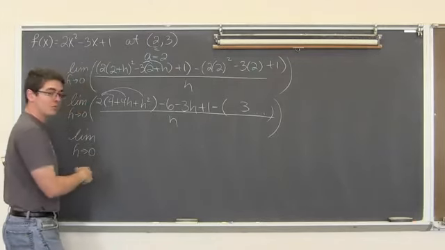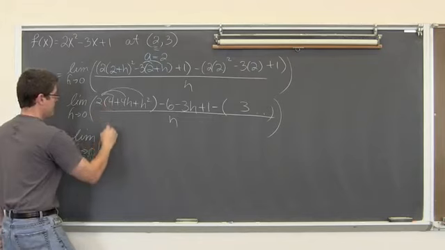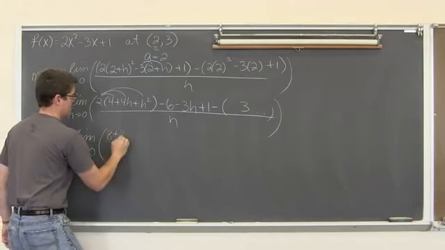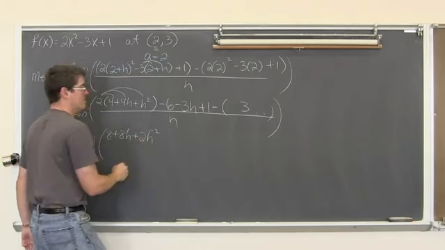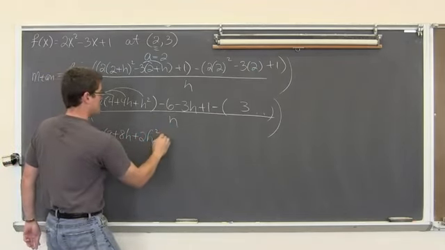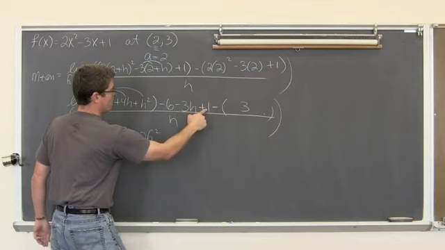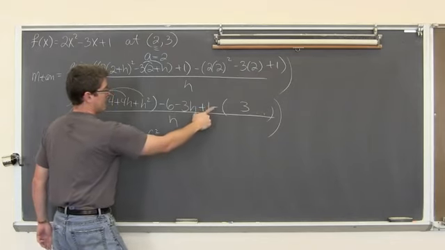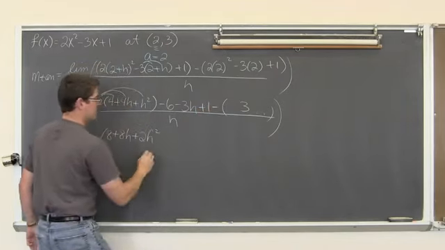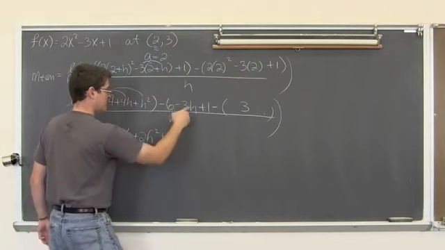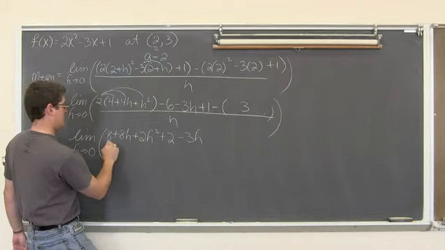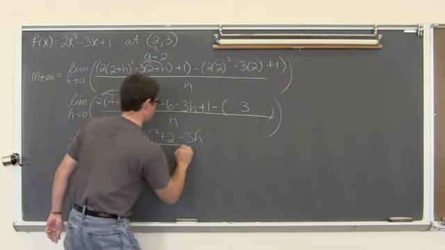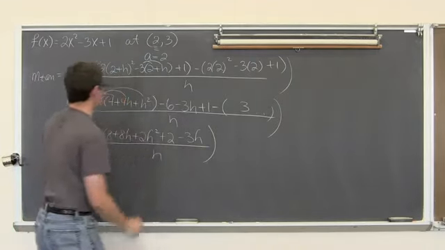If that h doesn't cancel out, we're going to have a problem. 8 plus 8h plus 2h squared. Well, negative 6 and 1 is 5. And 5 minus 3 is 2. Minus 3h all over h.